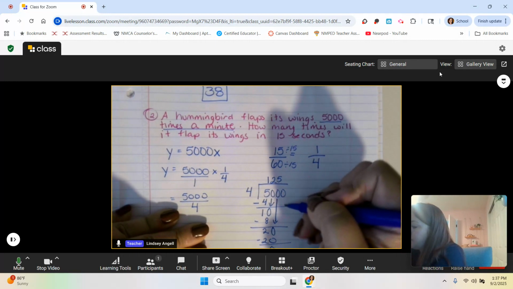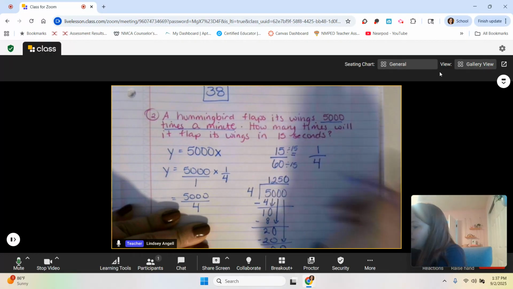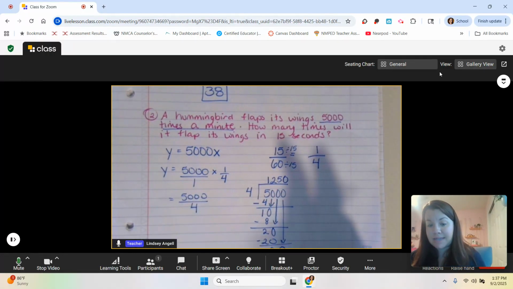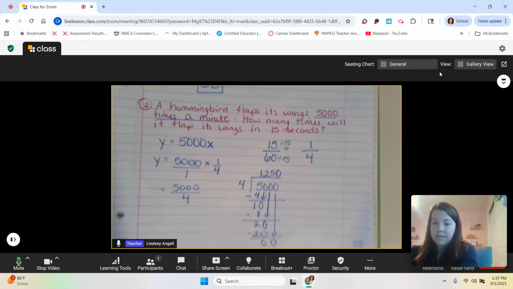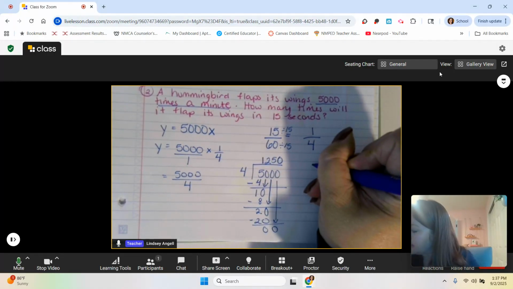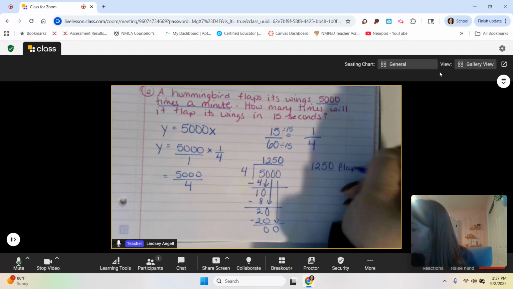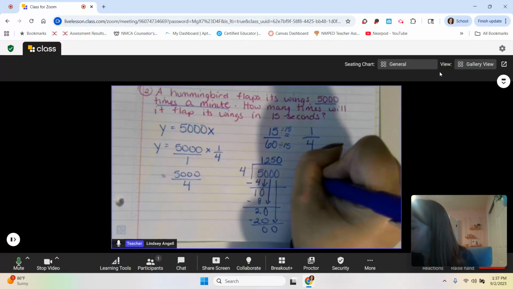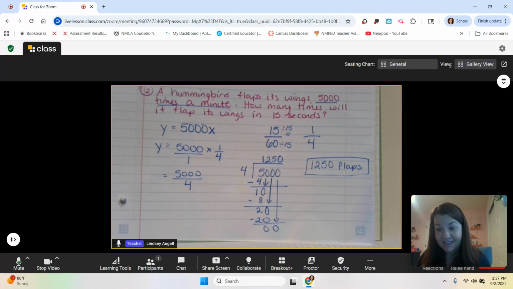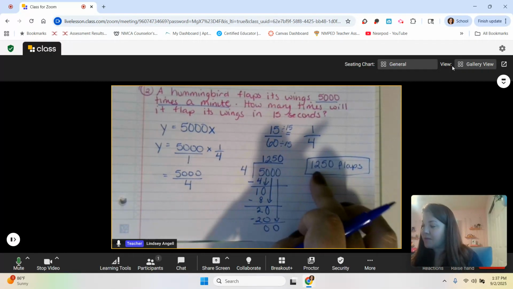But I do have to deal with this final place value. Well, 4 goes into 0 zero times. What that tells me is that the hummingbird would flap its wings 1,250 times in 15 seconds. That's wild, isn't it? Okay, so that would be my final answer.